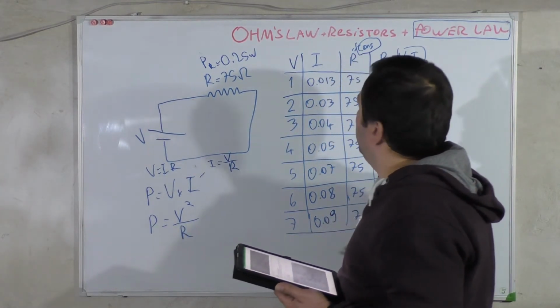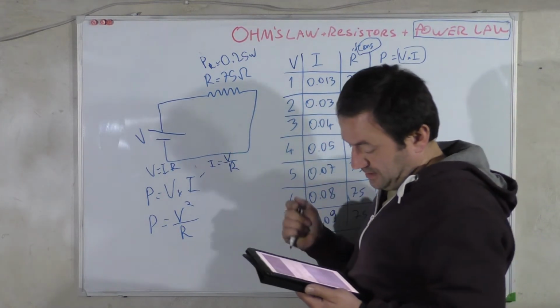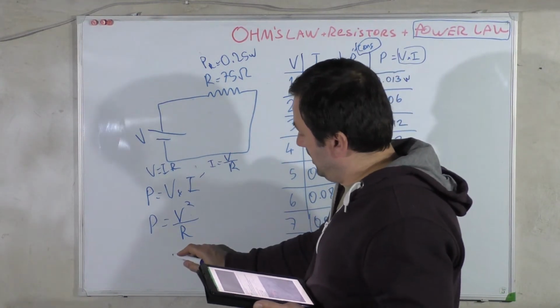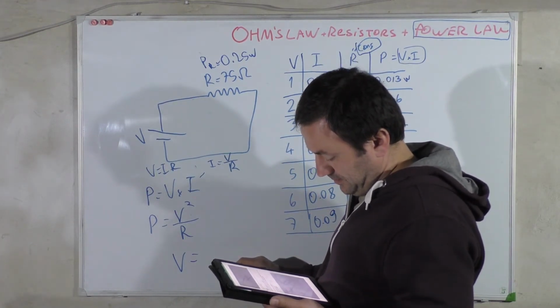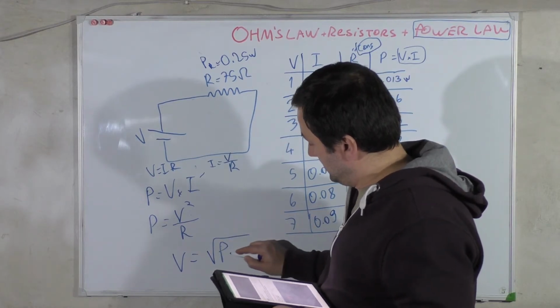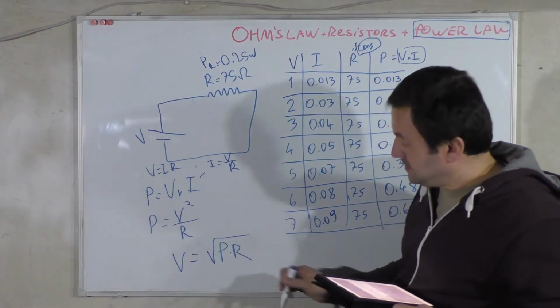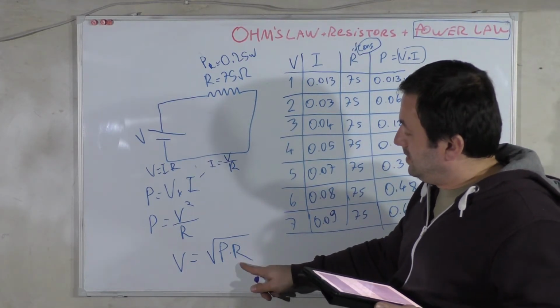So which value do we want? We want the voltage at which it will fail. Voltage is equal to the square root of power times resistance.